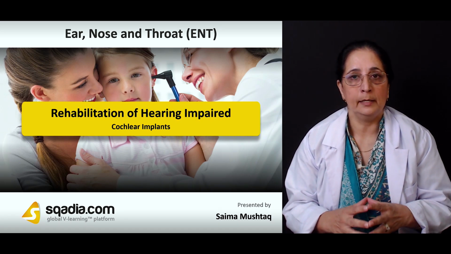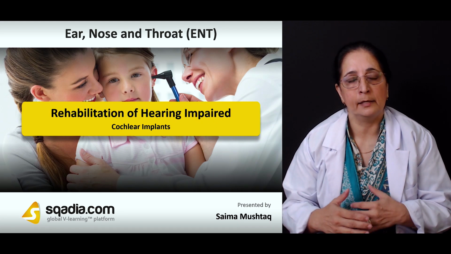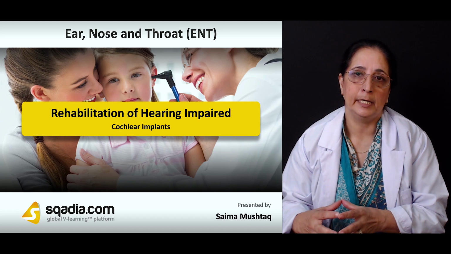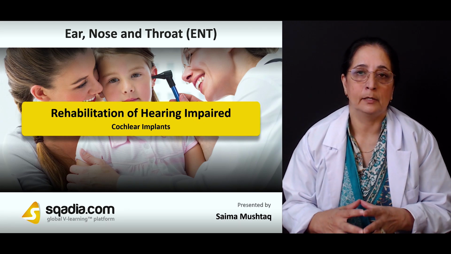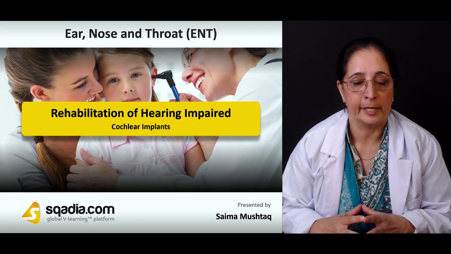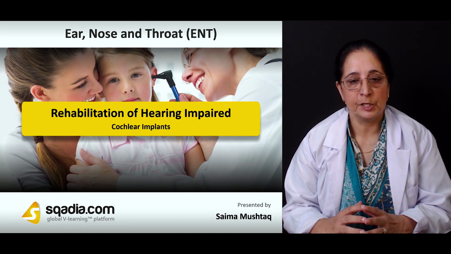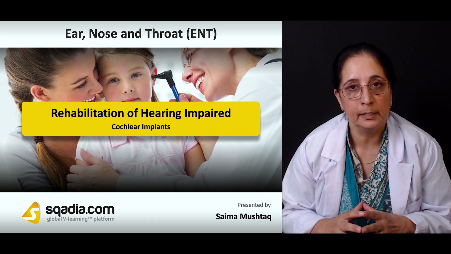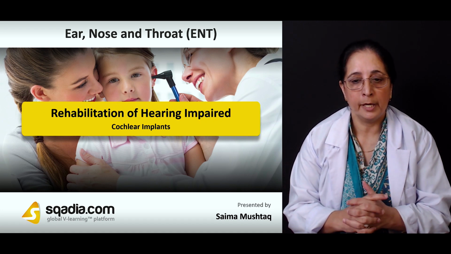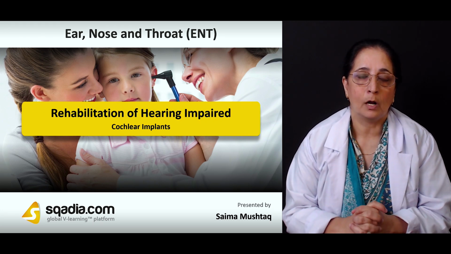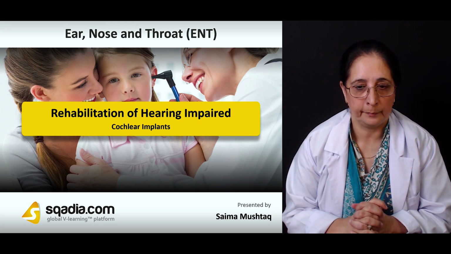So with cochlear implants, there is a direct connection from the internal ear or the inner ear to the auditory cortex or the brainstem. So we will talk about what are the different components of the cochlear implants, how it functions, and who are the individuals in which cochlear implants should be performed.